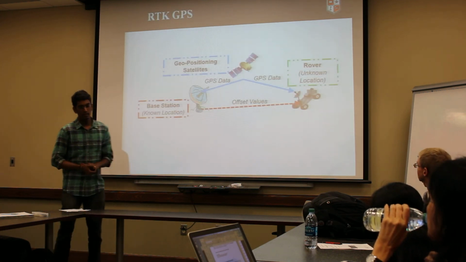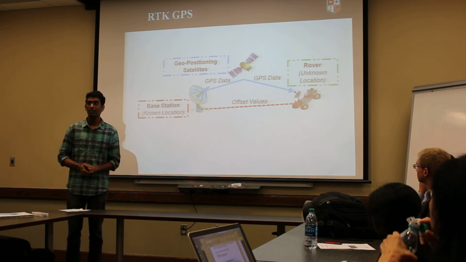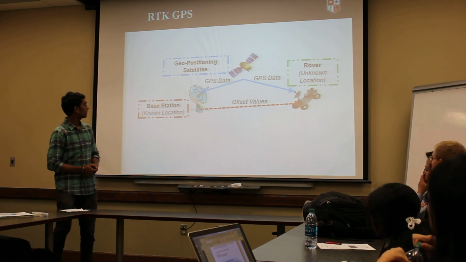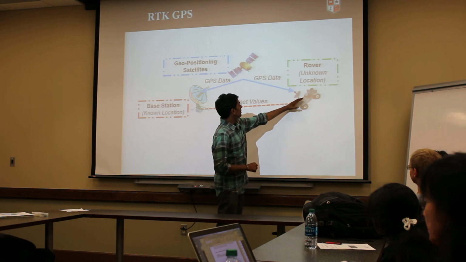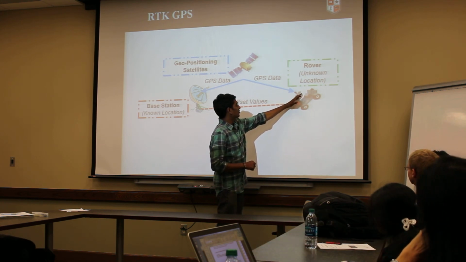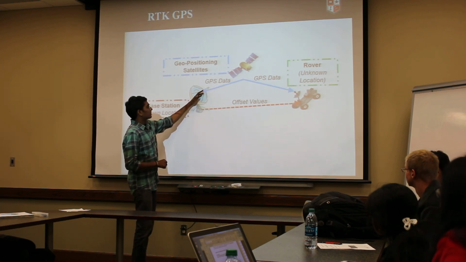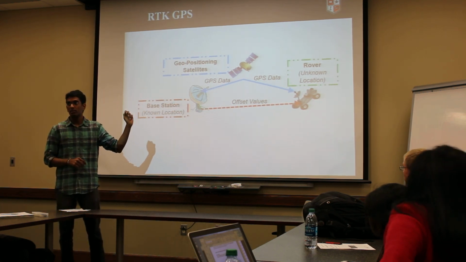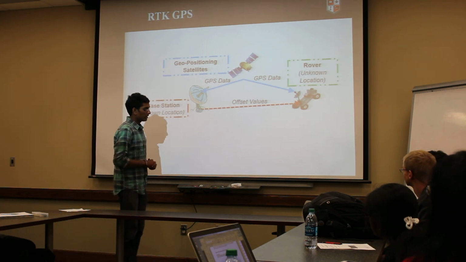So we have assembled an RTK GPS system which consists of 2 GPS receivers instead of 1. Other than the regular GPS receiver on the robot, we also have a GPS located at a fixed, known reference location.